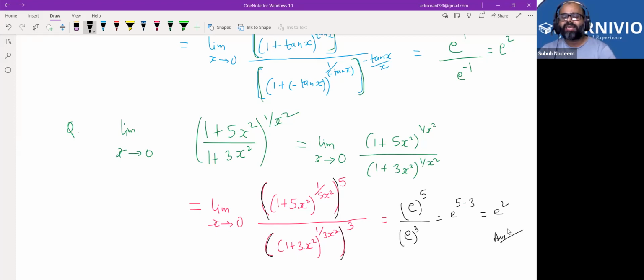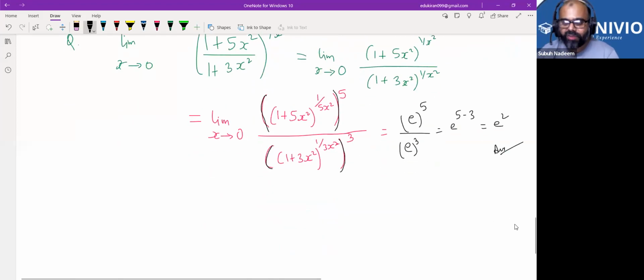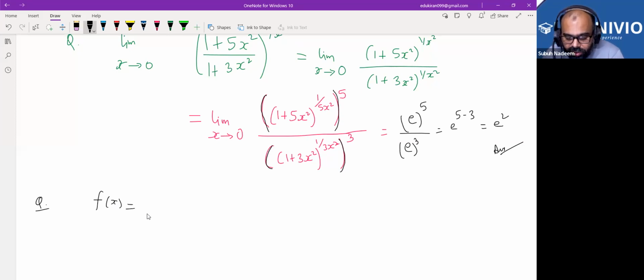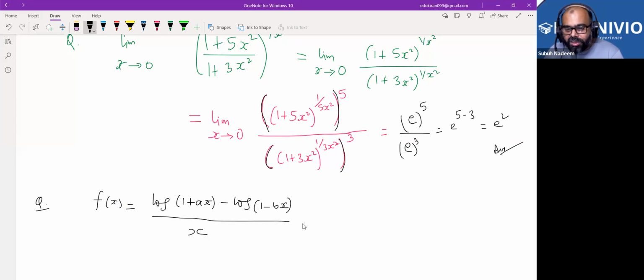Now, if we extend this concept of limit to continuity, so what will happen? Like if we have a question on continuity, it says the function f(x) is equal to log of 1 plus ax minus log of 1 minus bx upon x is not defined at x is equal to 0.